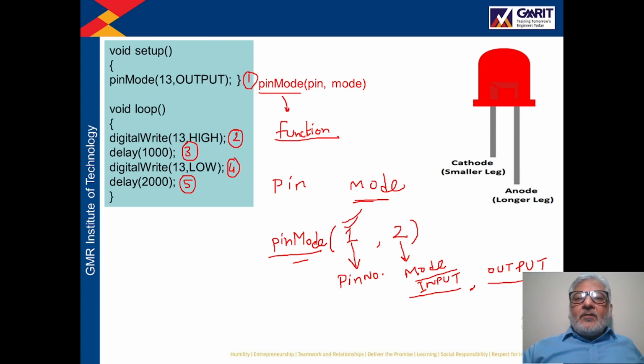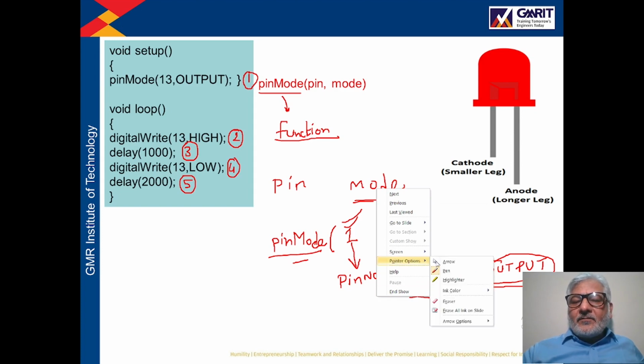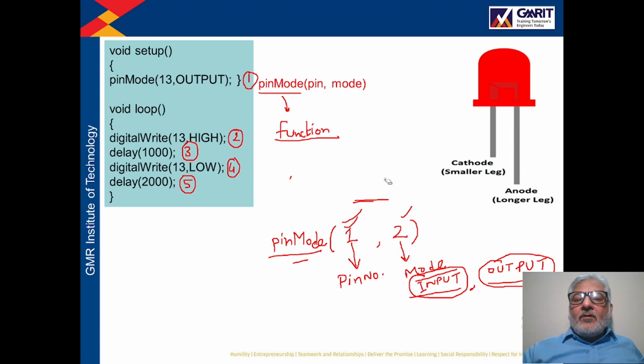For the second argument, which is the mode, we have only two options. Either we can write INPUT or we can write OUTPUT, and all of these must be written in capital letters. Now you see the first statement, right?